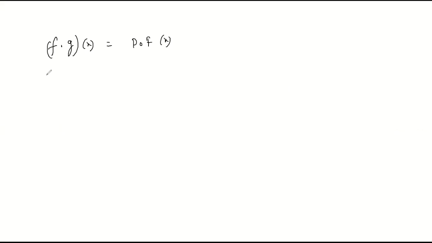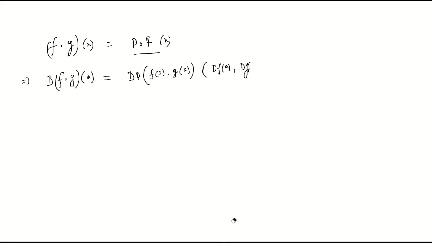So again, by applying the chain rule, the derivative of f times g at the point a is equal to the derivative of P at the point F of a, where F of a equals (f(a), g(a)), composed with the derivative of F at the point a, that is (derivative of f at a, derivative of g at a).